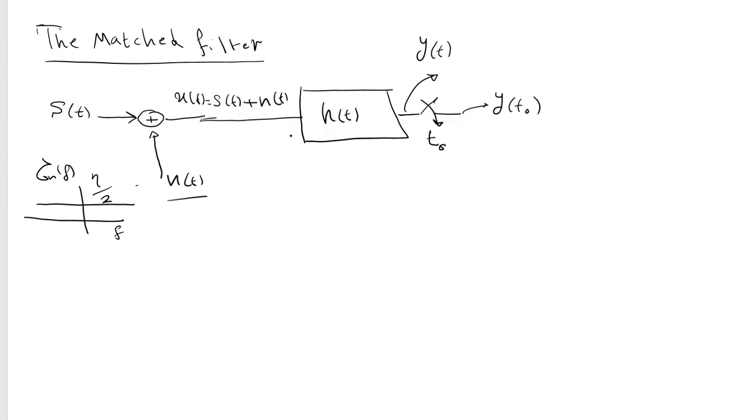We know the input-output relation of an LTI system is convolution, and we have y of t equals x of t convolved with h of t. There will be two terms at the output, one from signal and the other from noise. The term related to the signal, I call it s0 of t.